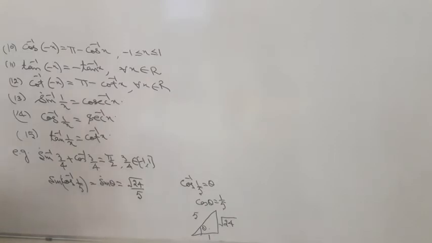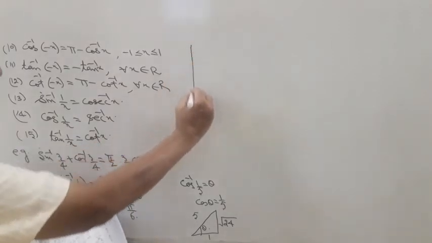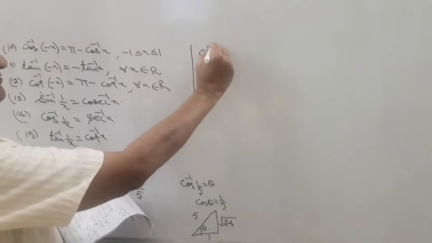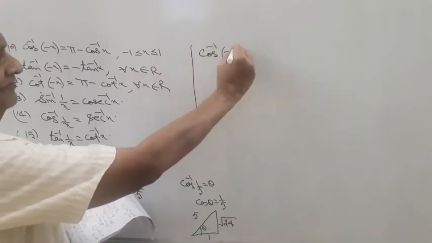He says find the value of sine of cos inverse. Now similarly, he wants the value for sine inverse of minus half. It is minus sine inverse of half, which is minus pi by 6. Check out. And then on the same pattern, you can evaluate cos inverse of minus half.